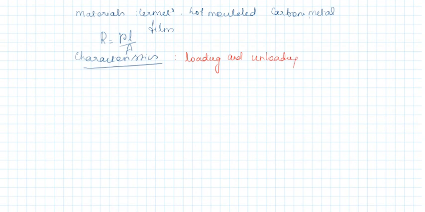So loading action means what? Already in the previous class we had a discussion. Loading and unloading, we will get two characteristics. Either it will go linear or it will go non-linear.